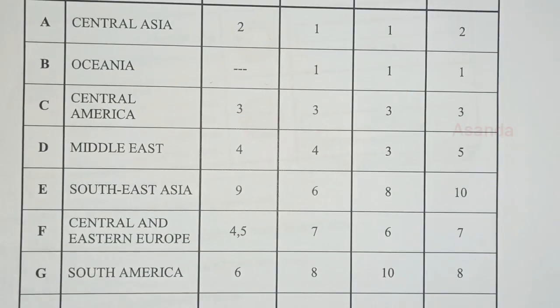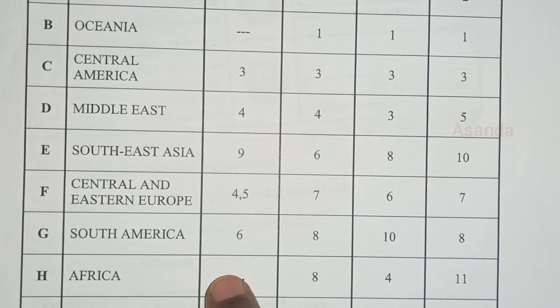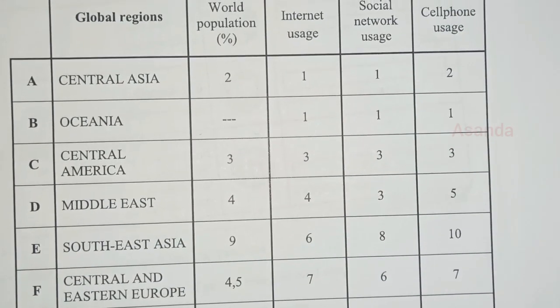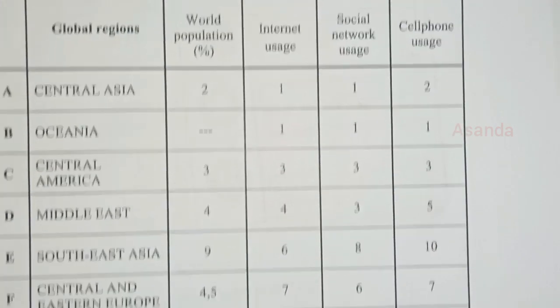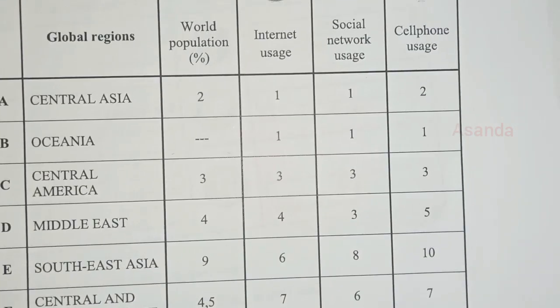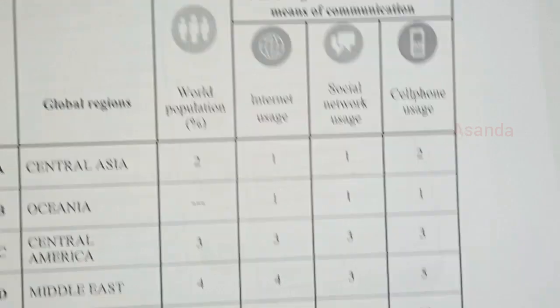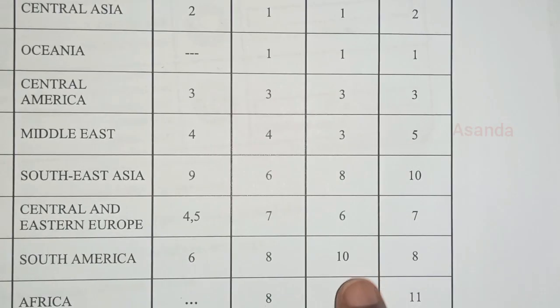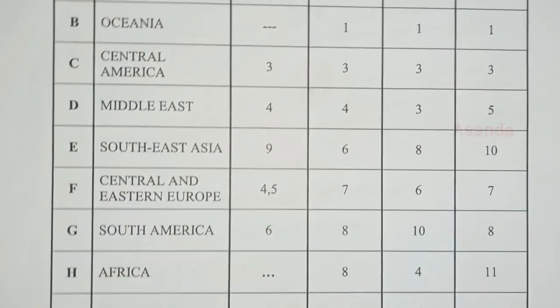Now, if you look at Africa, we are not given the percentage of the world population. We are given the internet usage, which is 8%, and social network percentage distribution of global means of communication, that would be 4%. So this is the data that we have.